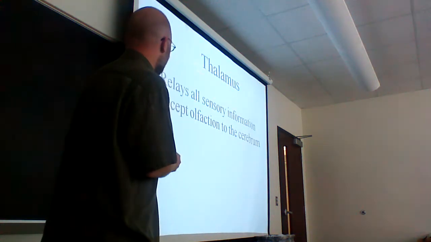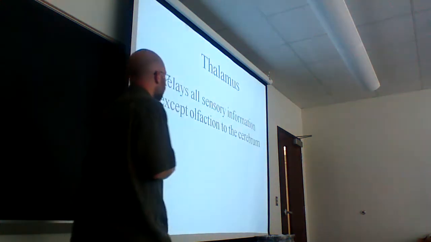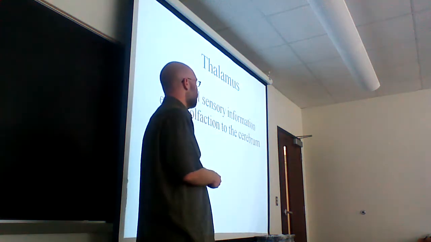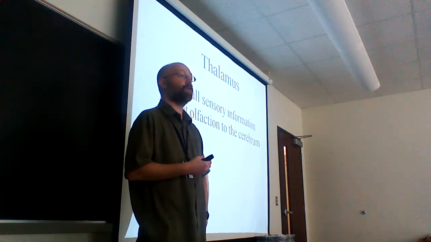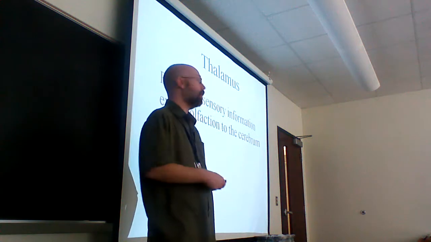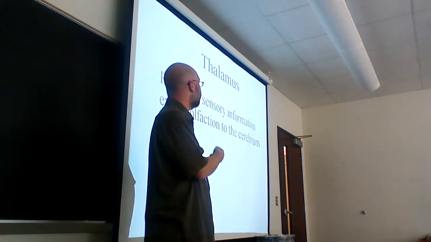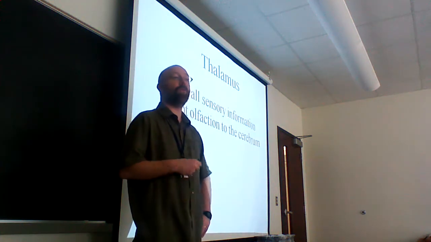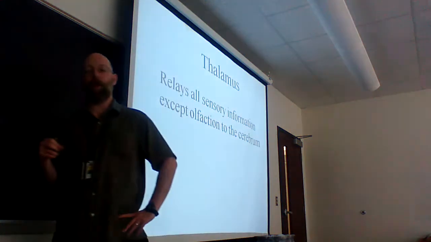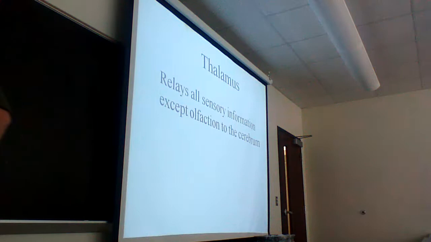The thalamus itself is a major relay for sensory information. Pretty much all of your sensory information except for olfaction is going to be routed at some point through the thalamus to wherever it's going to end up. Olfaction is kind of interesting, and we'll talk more about this when we get to it.